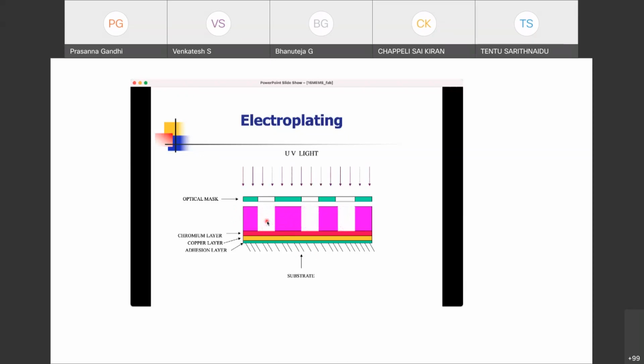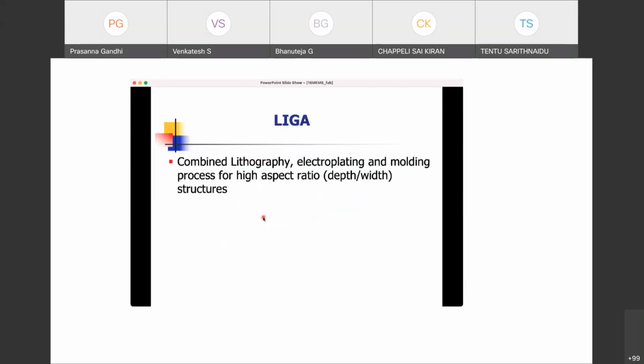So you open these windows and then you use the electroplating. This black material is what is electroplated in the electroplating machine, and then you remove this material, and you have very nicely standing features of electroplated material there.